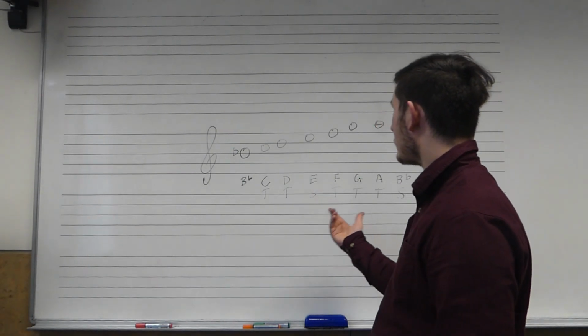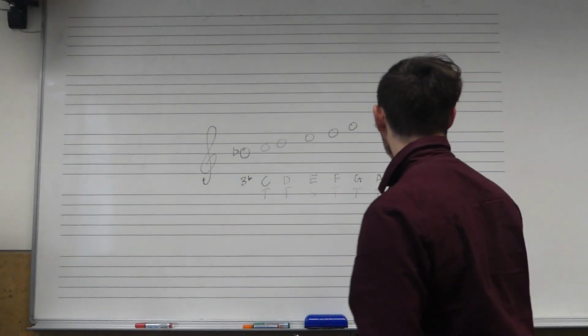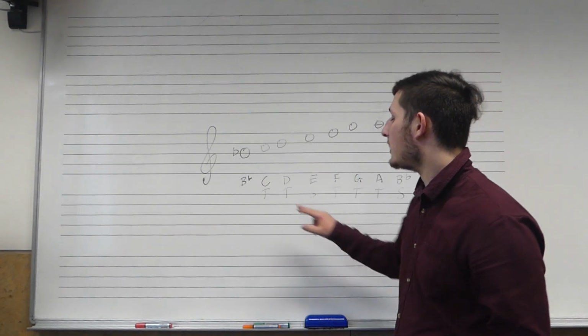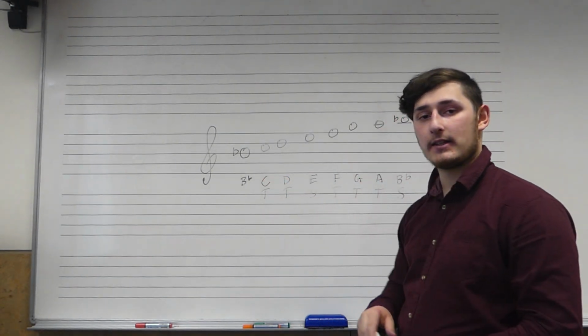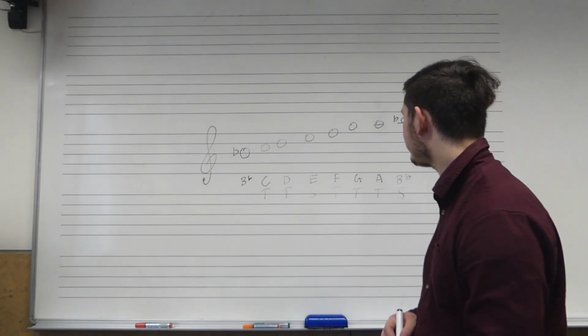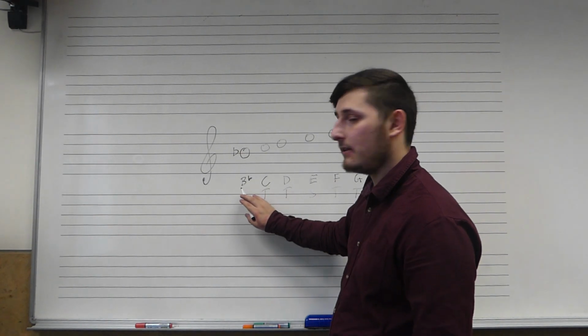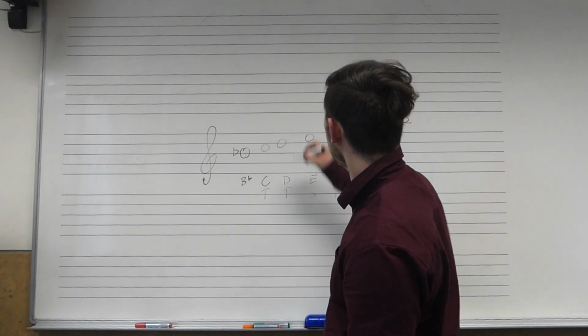Using tone, tone, semitone, tone, tone, tone, semitone, we will be able to figure out where the rest of the flats are in the scale. So, a tone above B flat is indeed C.